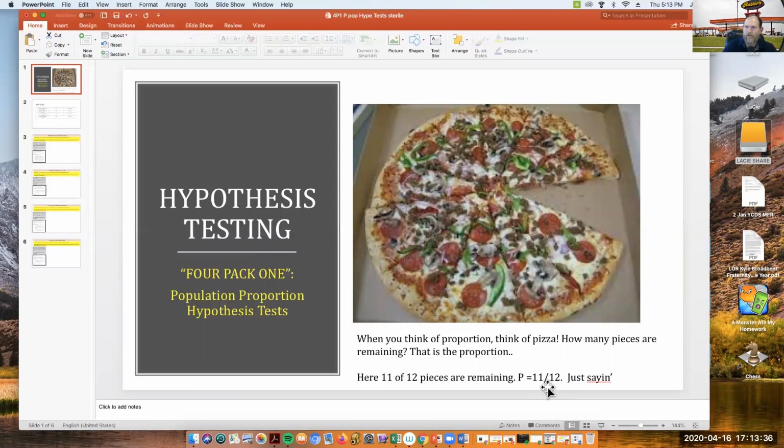Notice how 11 divided by 12 is less than 1. To have 1, we'd have to have the whole pizza there. So what is my point? The point is that when we see proportions, we should be looking for decimals or things that we could easily turn into decimals. Now, that's not a hard and fast rule every single time. We might have a mean in the form of a decimal. For example, some kind of IT system or some kind of small screw where we're talking about diameters, or widths of bottles, where a problem says the mean is 0.456.